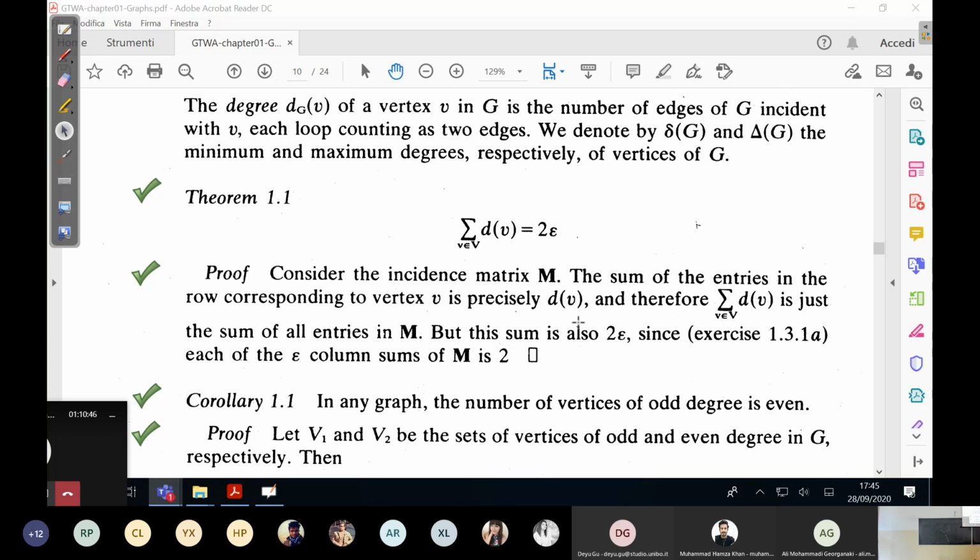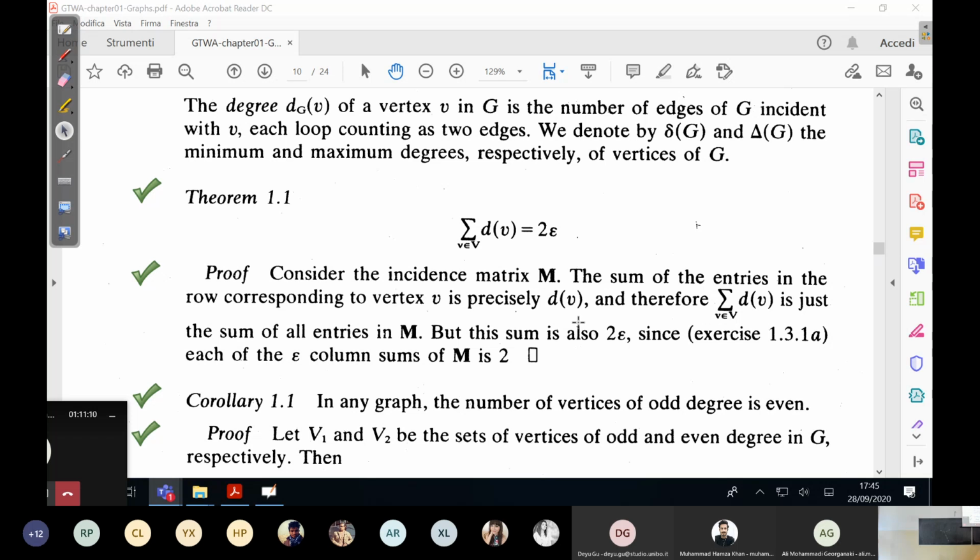And you have a 1 for each link incident to that vertex. So if you sum the entries in one row, you get the degree of the vertex corresponding to that row.